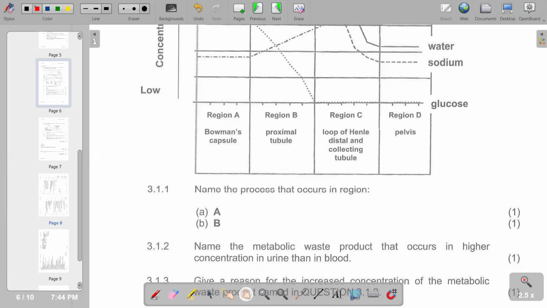So you'd see that for region A, it is the glomerular filtration. Then if you go to our B, it represents the tubular reabsorption.